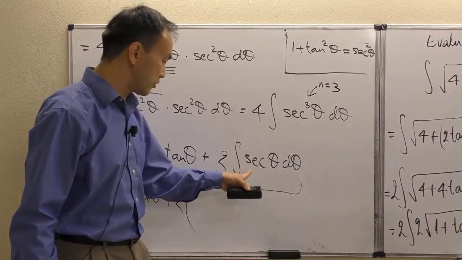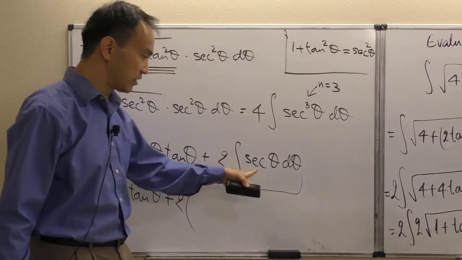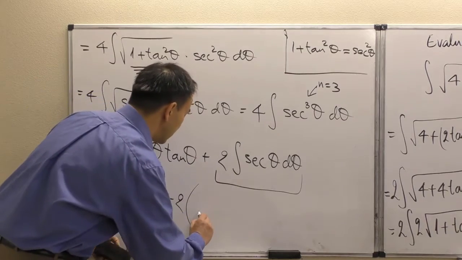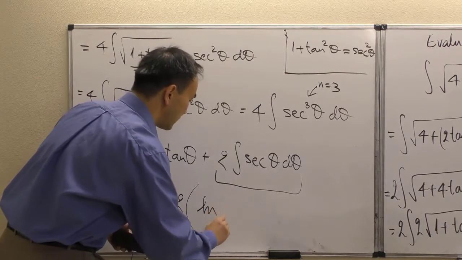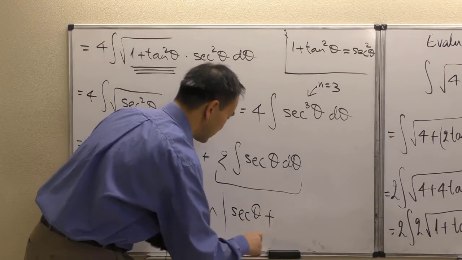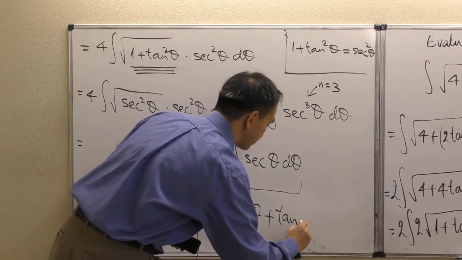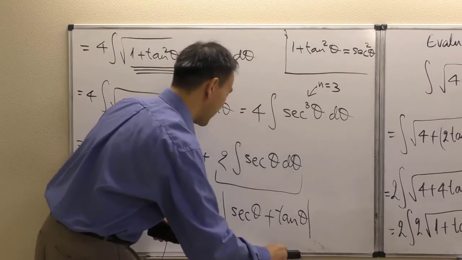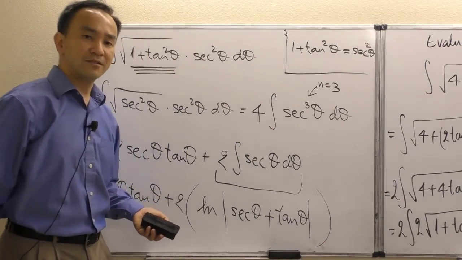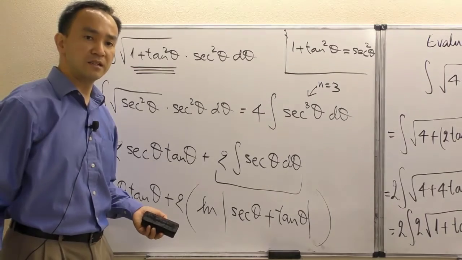But the antiderivative, now the 2 is here. The antiderivative, or the indefinite integral, for secant of theta is simply the natural log of secant of theta plus tangent of theta, and we're putting all that in absolute value.